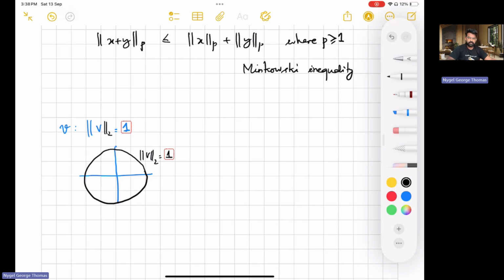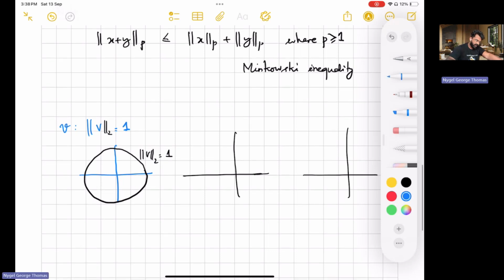What about the infinity norm? Let's look at the case where the infinity norm of v is equal to 1. What does that mean? The max value of the modulus is 1. So whatever value the other components have, the max value is 1. This is a 2D case which we're looking into.